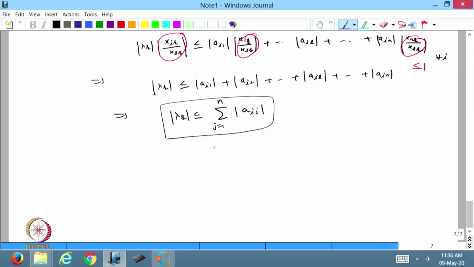Now, this is true for all eigenvalues. So, from here I can write that modulus of lambda_r is less than or equal to the maximum of this one. So, this is also true.